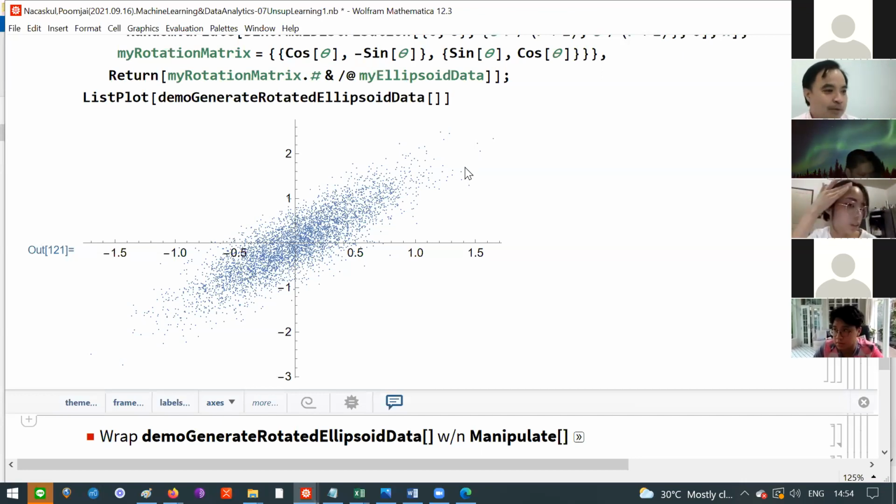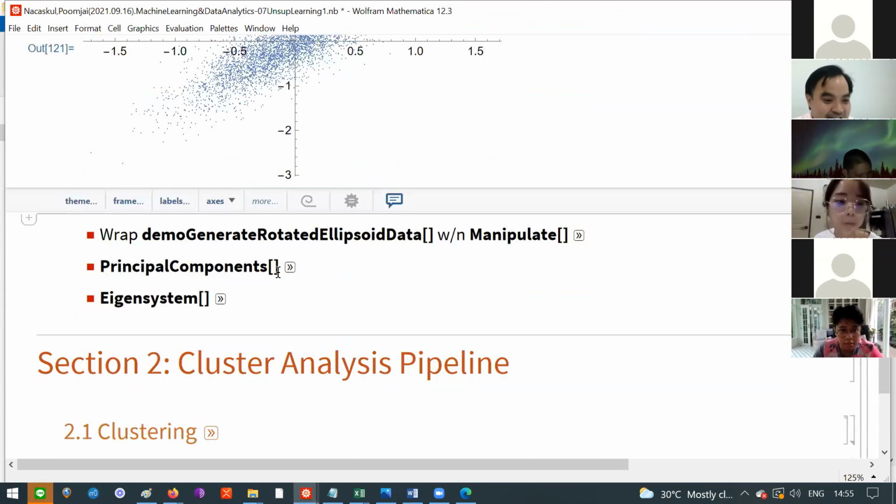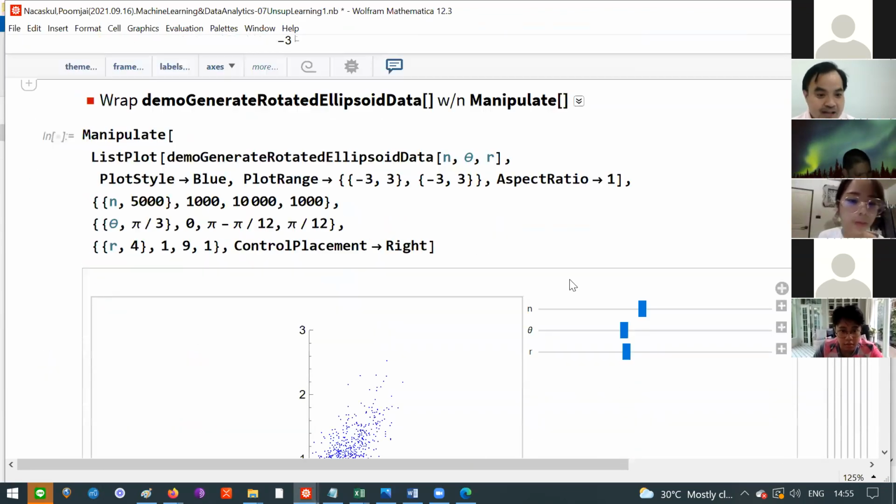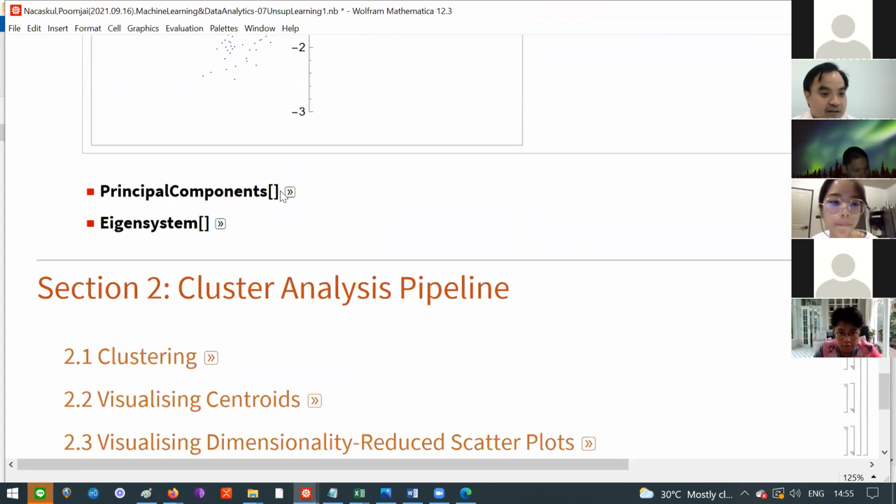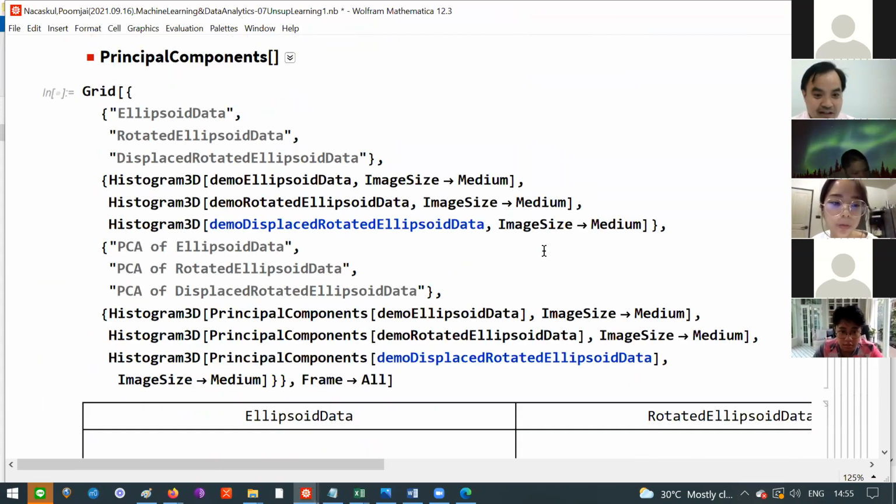Where do you think that principal component would align? The reason I make this 2 dimensions is because you can visualize. Obviously, this is the direction of movement. This is the first direction of movement, the principal component. This is the second, but the most important is the first. So I want to find this line. That's what this does. Principal component.